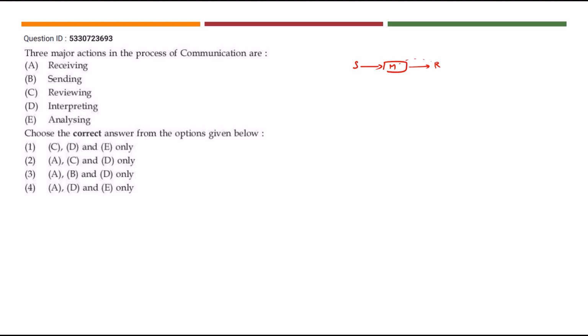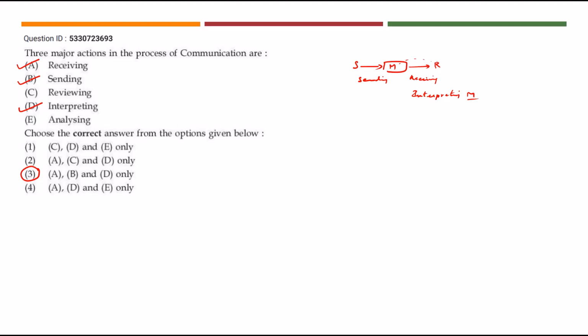So somebody should send, somebody should receive, and upon receiving, the message has to be interpreted. Receiving, sending, interpreting are the 3 major actions in the process of communication. So here we are sending, here they are receiving, and then they are interpreting the message. Option number 3, A, B and D only will be the right answer.